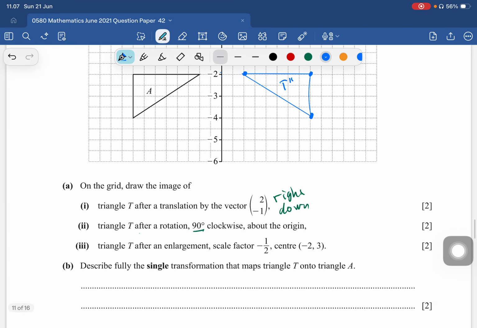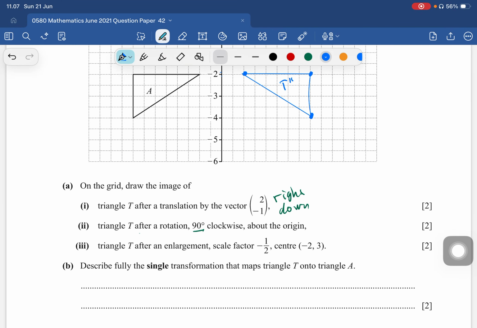Next, triangle T after enlargement by the scale factor of negative 1/2, center is (-2, 3). So the center is negative 2, 3. Here it is, the center. So we can use the ruler to connect each vertex to the center.